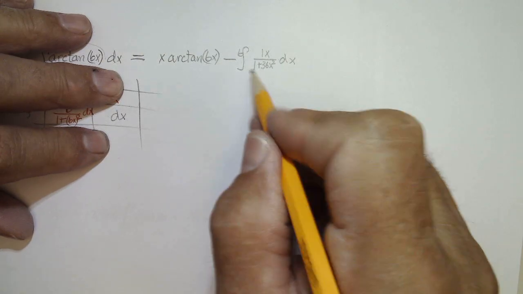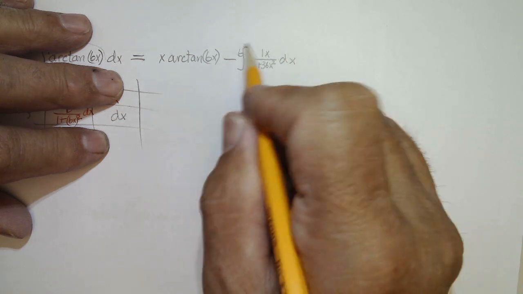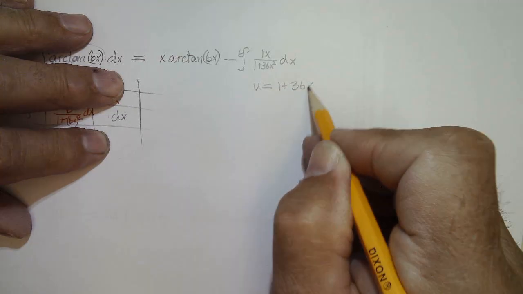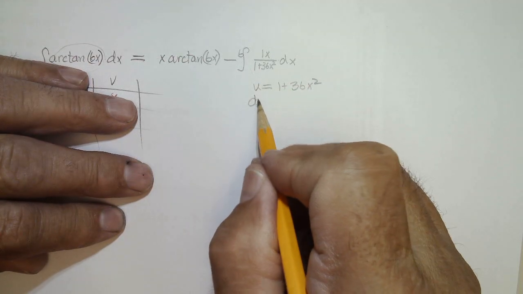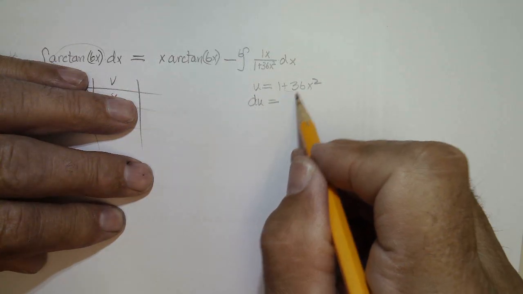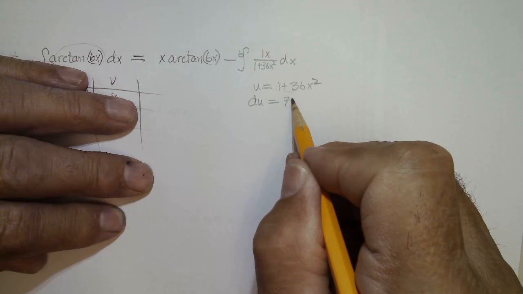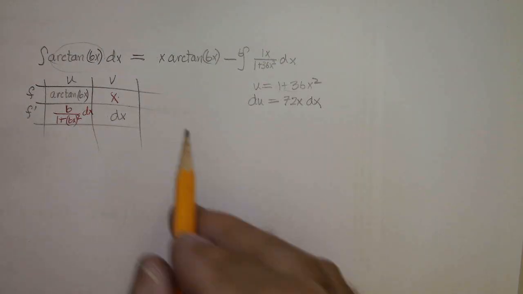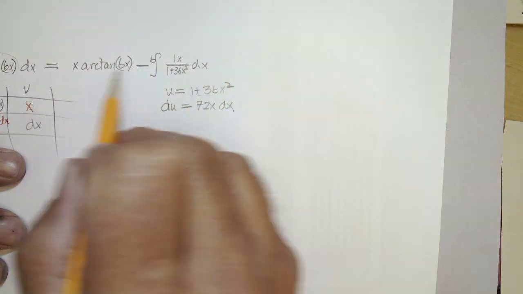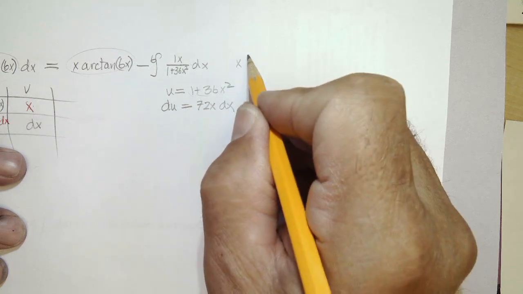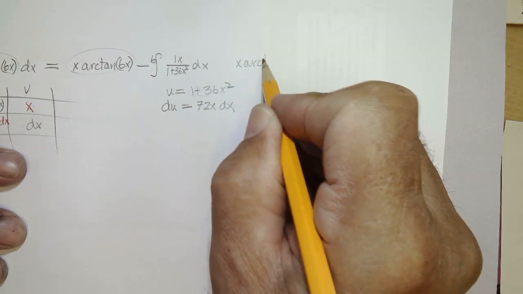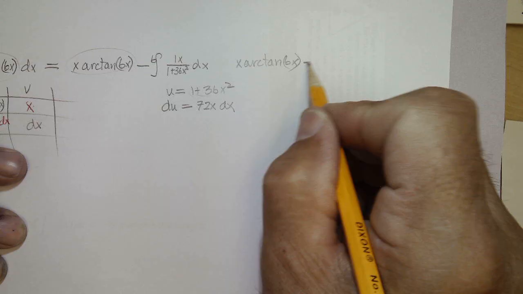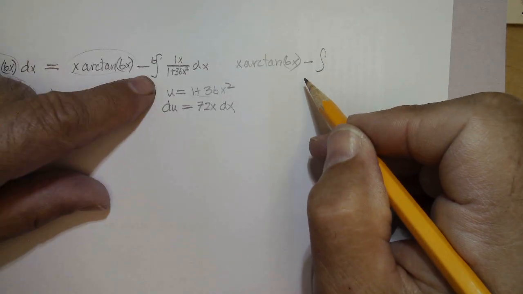Now, if we do a u sub on this, letting u be that denominator, 1 plus 36x squared, du would be the derivative of this, which should be 72x dx. So this would stay x arctangent 6x minus the antiderivative.